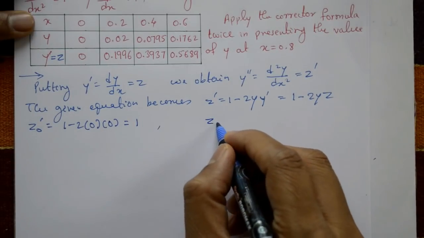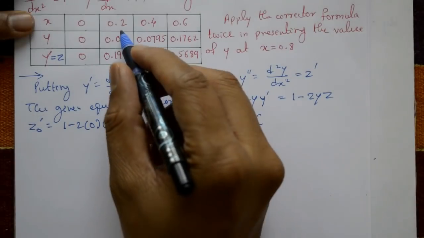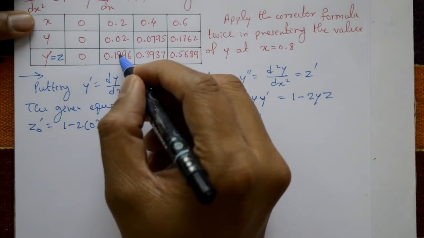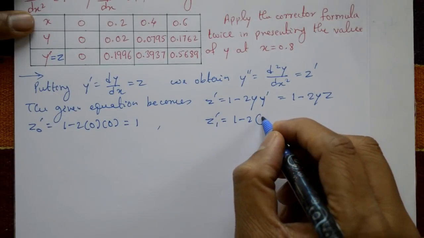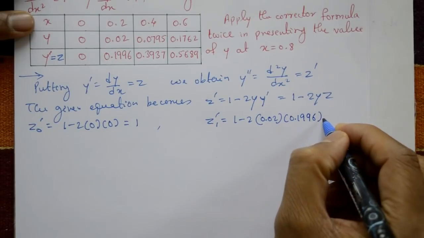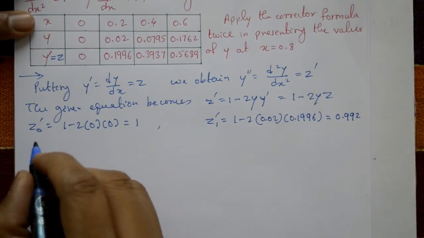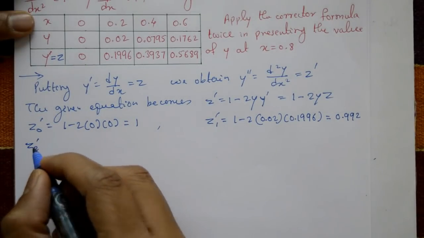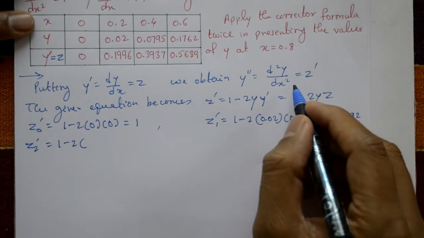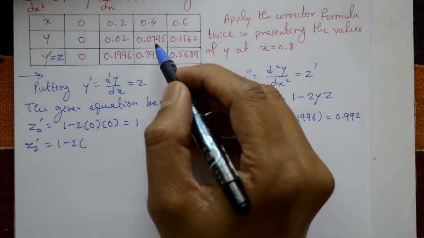Next is z1 dash, which is 1 minus 2 into y1 z1, that is 0.02 into 0.1996, and this is equal to 0.992.